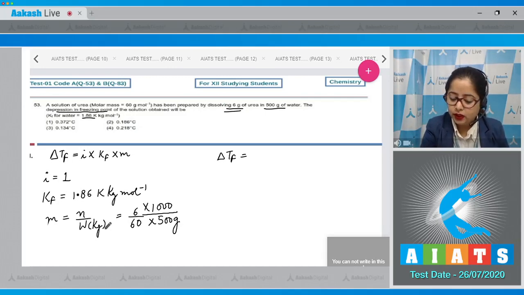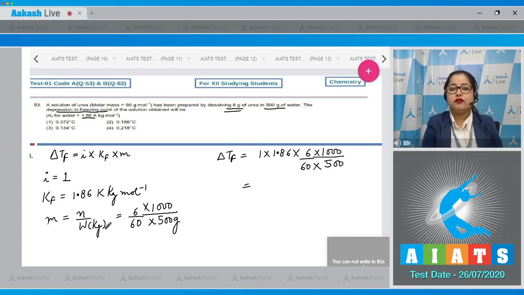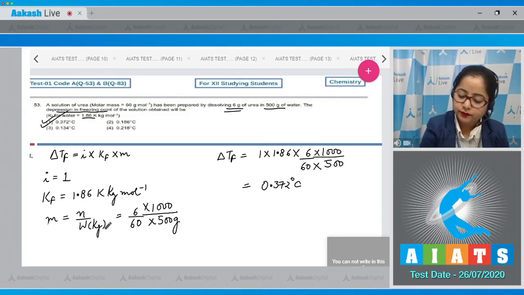It will be 1 multiplied by 1.86 multiplied by 6 upon 60 into 1000 upon 500. Student, we have to multiply all the terms and divide, and the value will be 0.372 degrees Celsius. I have multiplied this, you people will multiply. And that means the correct answer is option number 1.